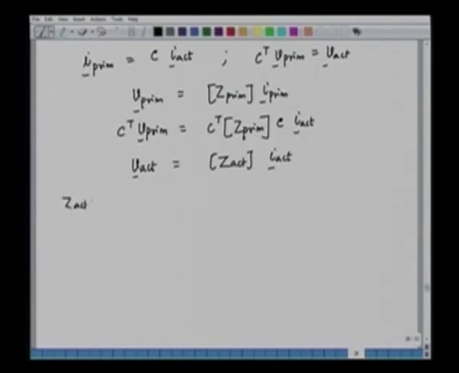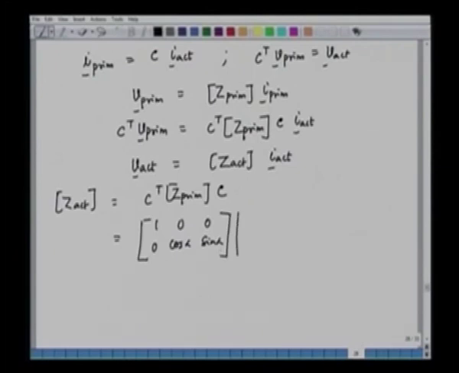So we can evaluate what is Z actual. So Z actual is given as C transpose Z primitive into C, and that is equal to C transpose, which is 1 0 0, 0 cos alpha sin alpha, and then Z primitive is RDS plus LDSP, MDP and 0, MDP, RDR plus LDRP, minus omega R LQR, omega R MD, omega R LDR, RQR plus LQRP.